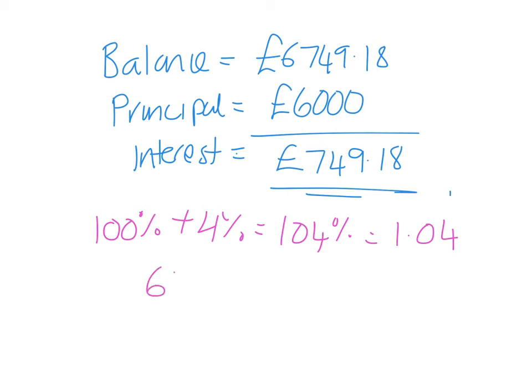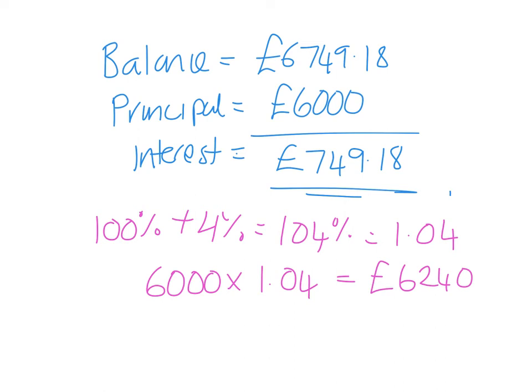And if we multiply our principal amount by this number, you will get £6,240, which was the balance at the end of the first year. So what that calculation has done is it's worked out the 4% and added it on at the same time.